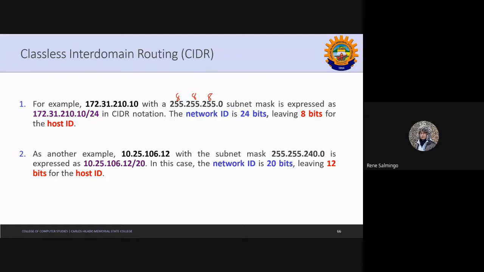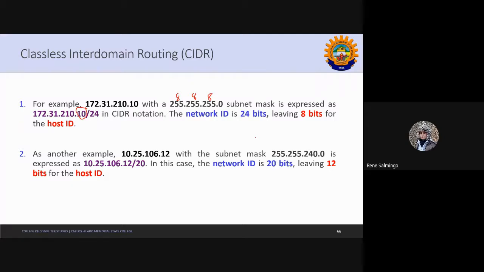And what is left for your host ID is your 8-bit host ID. So that's how we write in CIDR notation.